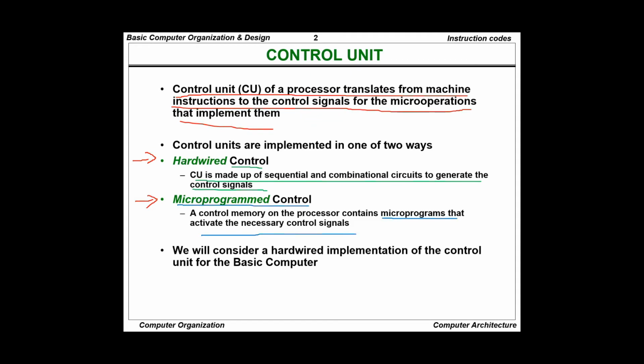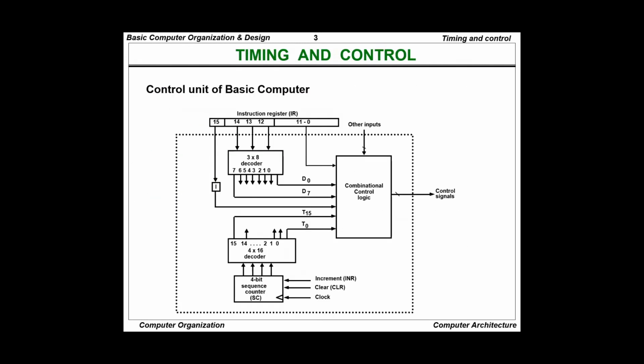Now we consider a hardwired implementation of the control unit for the basic computer. This is most important. This is timing control, which we call the control unit of the basic computer. Here first we have an instruction register. The instruction register has bits 0 to 11, 12 to 14, and 15.